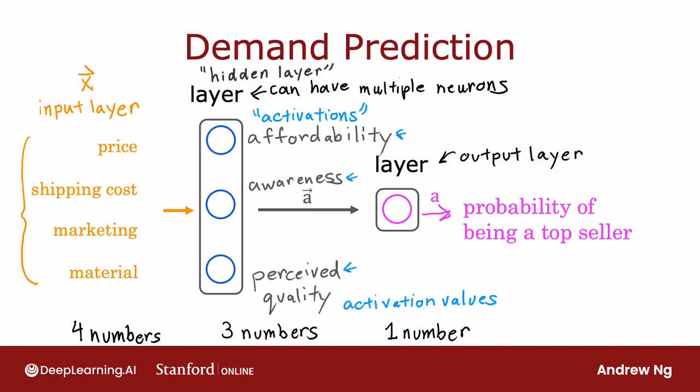I know that this is maybe not the best or the most intuitive name, but that terminology comes from that when you have a training set, in a training set, you get to observe both X and Y. Your data set tells you what is X and what is Y. And so you get data that tells you what are the correct inputs and the correct outputs, but your data set doesn't tell you what are the correct values for affordability, awareness, and perceived quality. And so the correct values for those are hidden. You don't see them in a training set, which is why this layer in the middle is called a hidden layer.